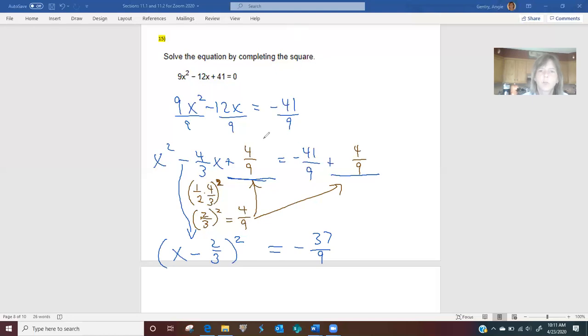Again, I didn't show this every time because we really don't need to. What we need to show is that if something squared equals a constant, then that something is plus or minus the square root of that. And then you go from there. And then I'm out of room.